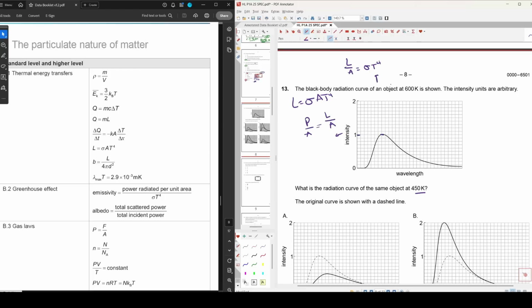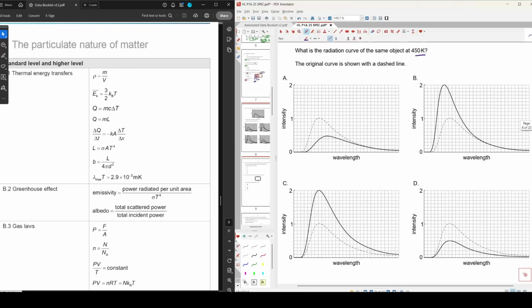If the temperature decreases, 2 things are going to happen: the intensity gets way smaller, and also the peak wavelength is equal to some number divided by the temperature. So the temperature decreases, the peak wavelength is going to move this way and get longer. So I want to pick one where that happens.